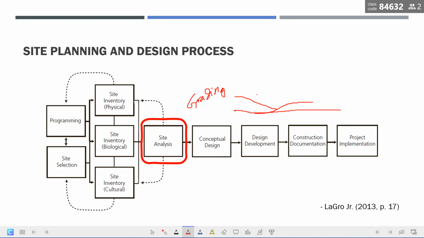In doing so, we will focus on grading these contours and see what sort of spaces they form, the types of landforms that you can expect to encounter when you're getting to know your site, perhaps for the first time, and so on.